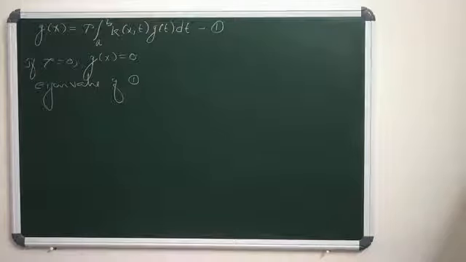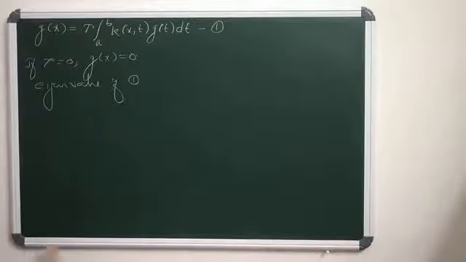That means the value of the parameter lambda which gives a non-zero solution of the given homogeneous Fredholm integral equation is called an eigenvalue of that equation. Every non-zero solution corresponding to it is called an eigenfunction.